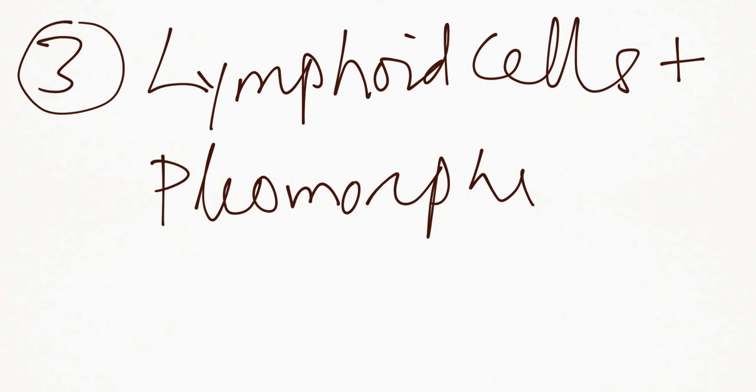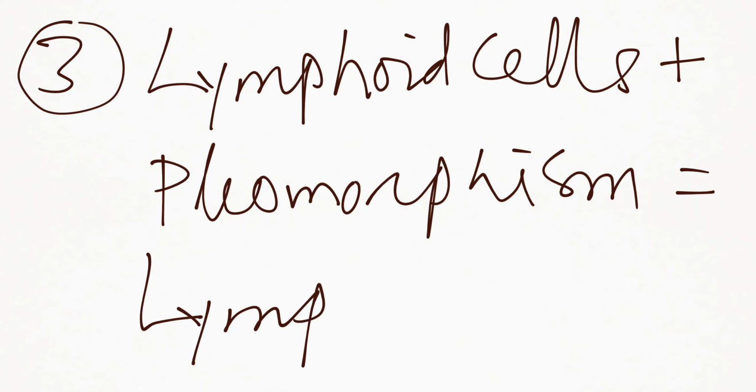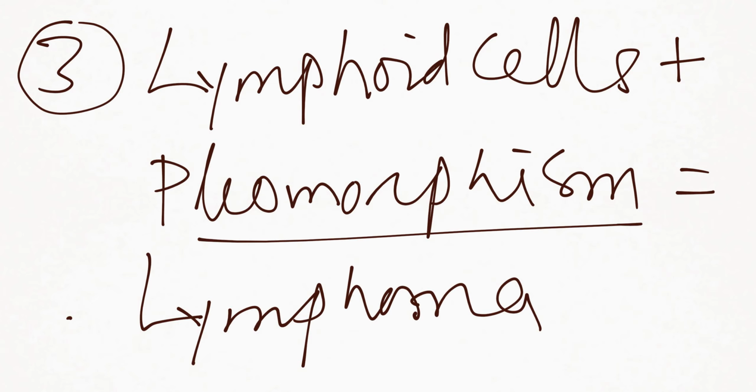What is your diagnosis at this point? Actually, if you find lymphoid cells and pleomorphism, this is typical for lymphoma. Okay, and in the same way, he may ask you, what will you find in lymphoma? You are going to tell that I will find lymphoid cells and pleomorphism. Pleomorphism means, as you were told before and you know already, difference in size of the cells.